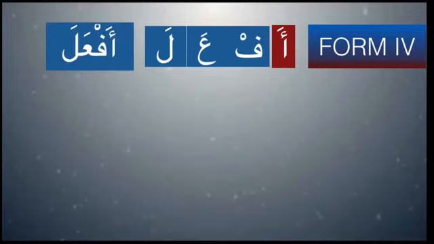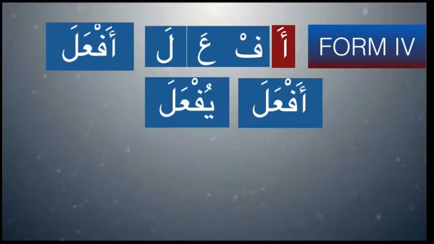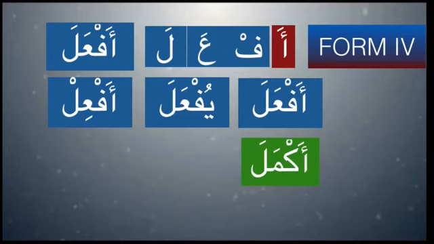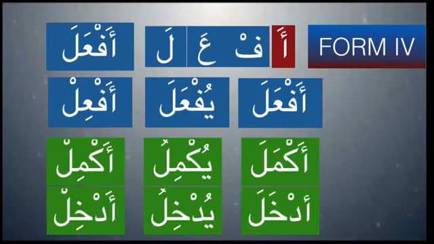In the regular form, the verb will be af'ala. And you know how the mudari' is formed: the hamza is dropped and it becomes yuf'ilu. So there's a typo here, it is yuf'ilu, and the amr will be af'il. If I give some examples: akmala yukmilu akmil, and adkhala yudkhilu adkhil.